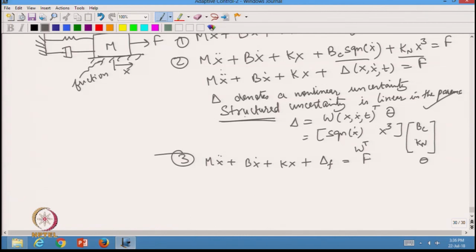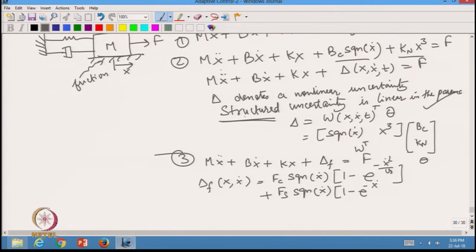So, delta f refers to another model of friction which is slightly more complicated, but it is commonly used, and it is given by f c signum of x dot (1 minus exponential of minus x dot square divided by V s square) plus f s signum of x dot (1 minus e to the power minus x dot square divided by V s square), and then we have f v x dot.